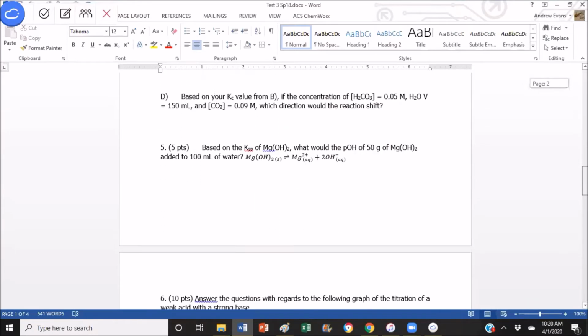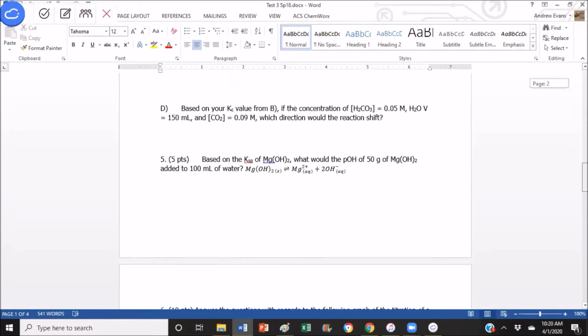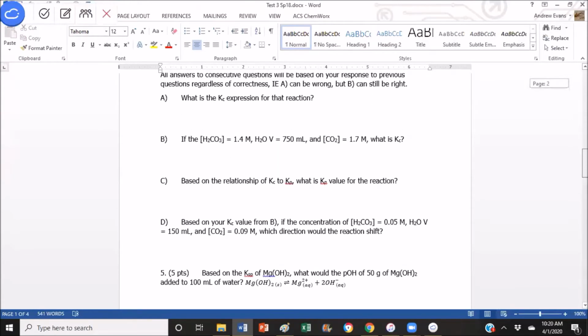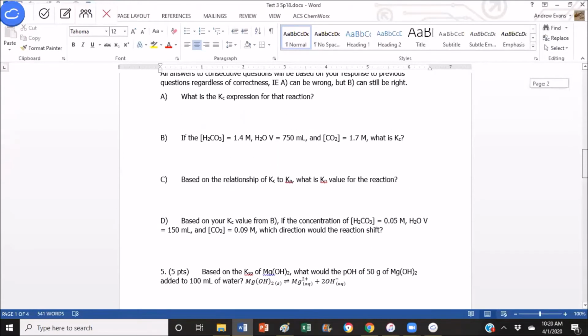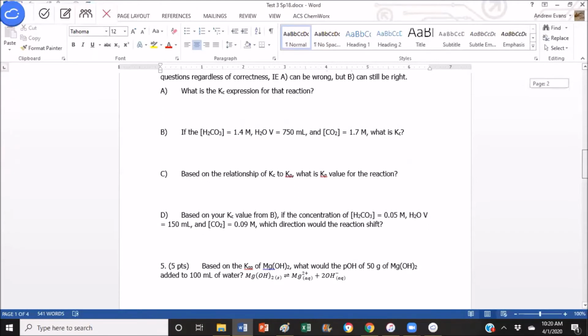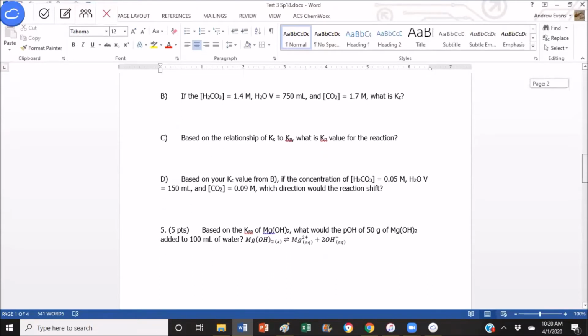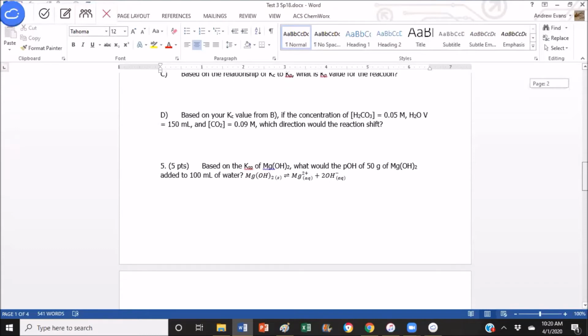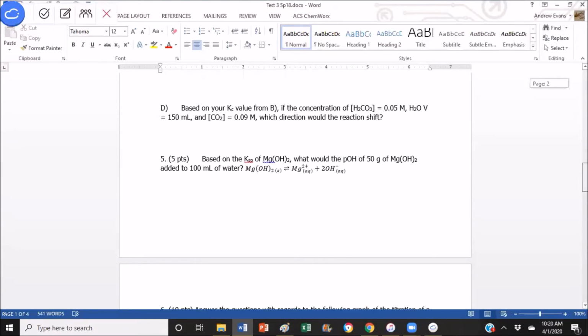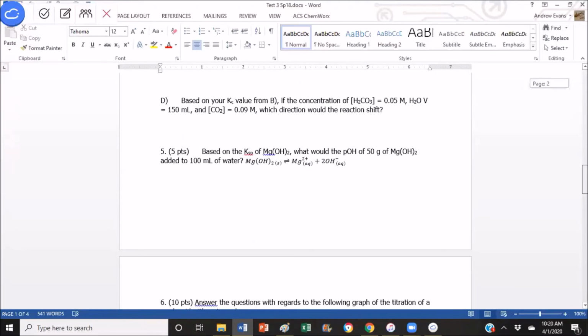So we have to write the K expression for that. If Kc has this concentration and this concentration, what is Kc? Turn Kc to Kp. So that's chapter 15 stuff. Based on your Kc value, if the concentration is this and this, what direction will it shift?